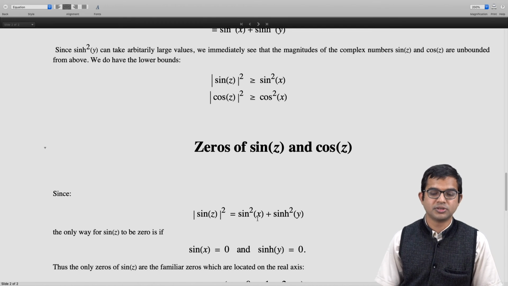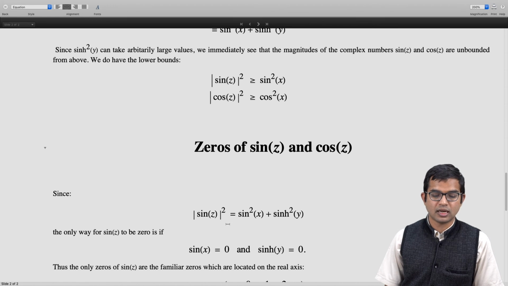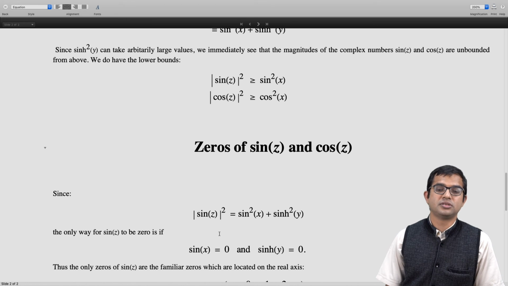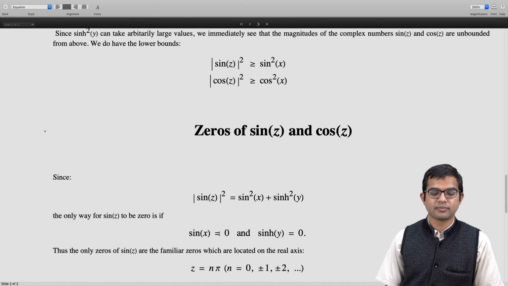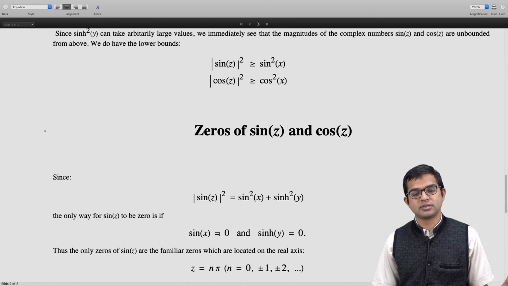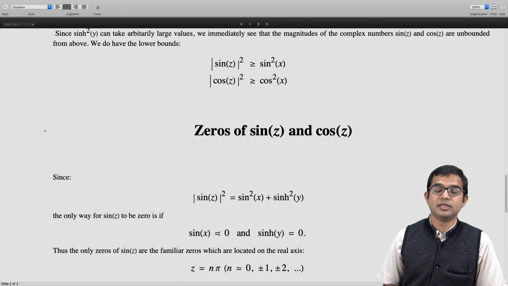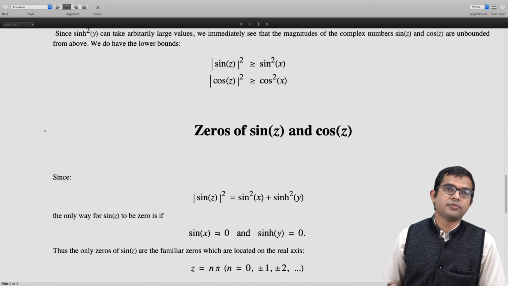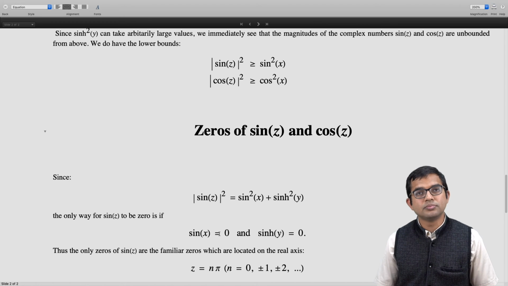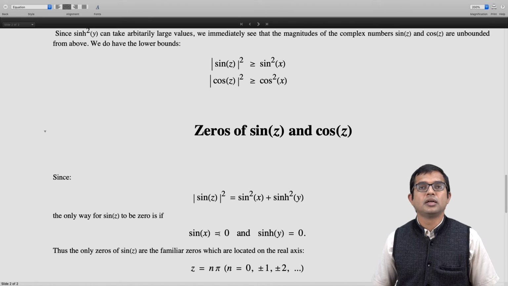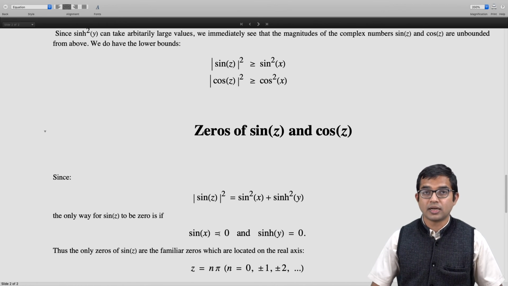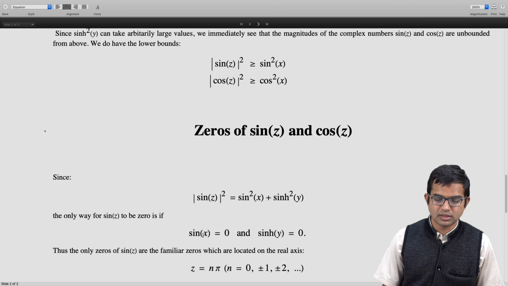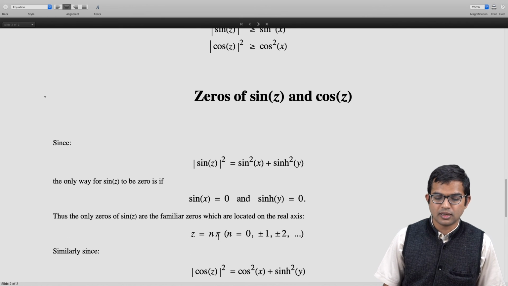So sine of x must be 0 and hyperbolic sine of y is 0, which immediately means that y must be 0 and sine x is 0, tells you that it can happen only when x is equal to n pi, where n is some integer, right? So these are the familiar zeros of the sine function. So by generalizing the sine function to allow for complex variables, we don't find any new zeros. The zeros are still those on the real axis.